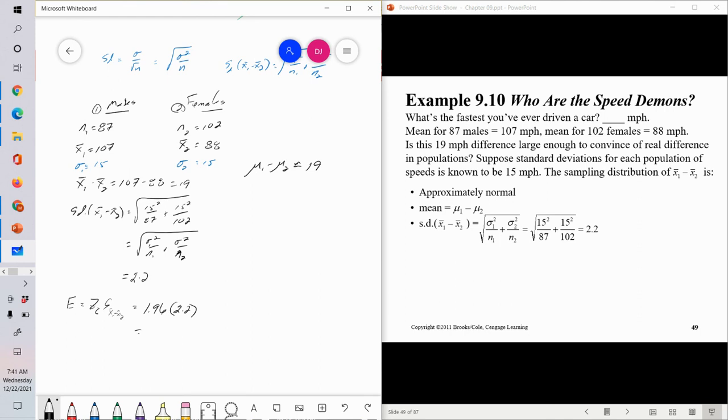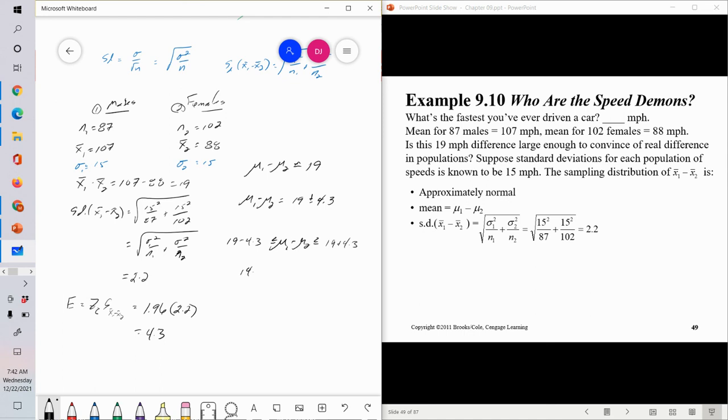So 1.96 times 2.2 is 4.3. So in other words, we would say that the interval estimate for mu1 minus mu2 is approximately 19 miles an hour plus or minus 4.3. I prefer to write that mu1 minus mu2 is somewhere between 19 minus 4.3 and 19 plus 4.3.